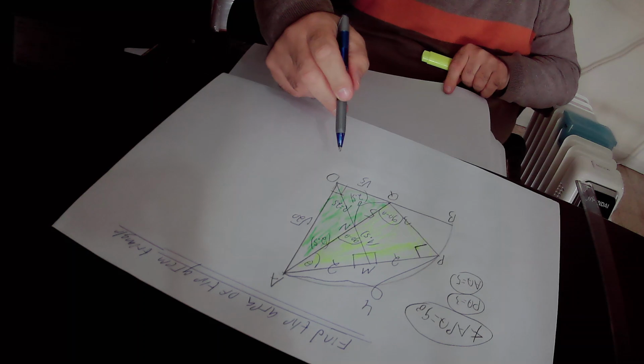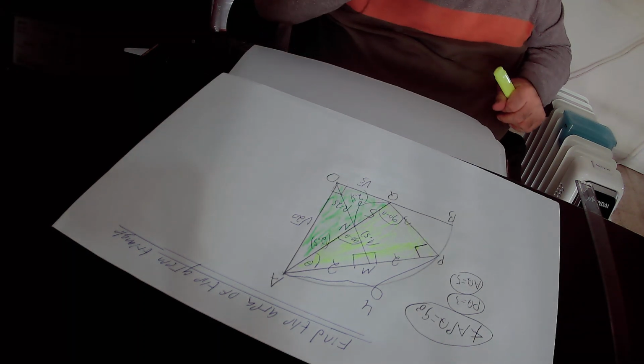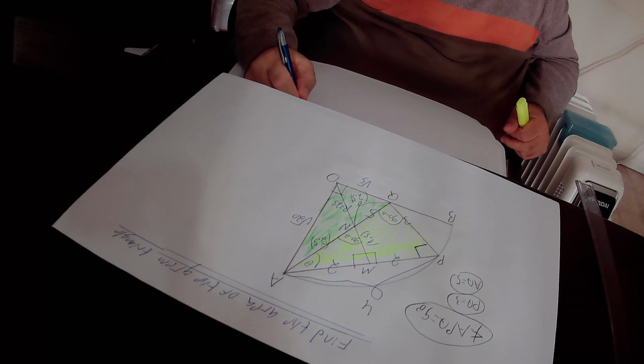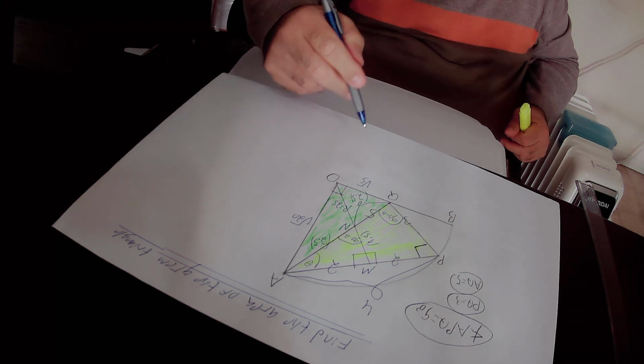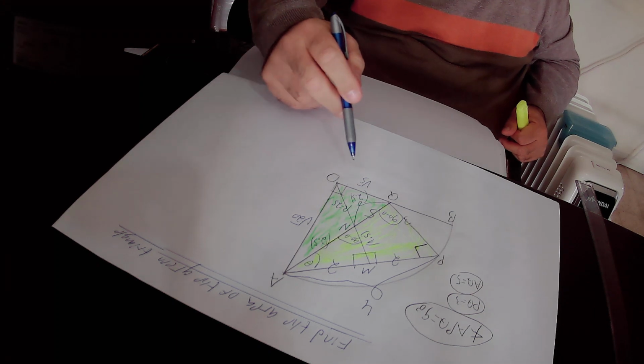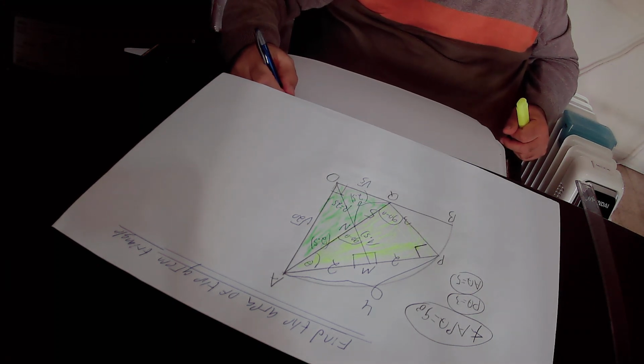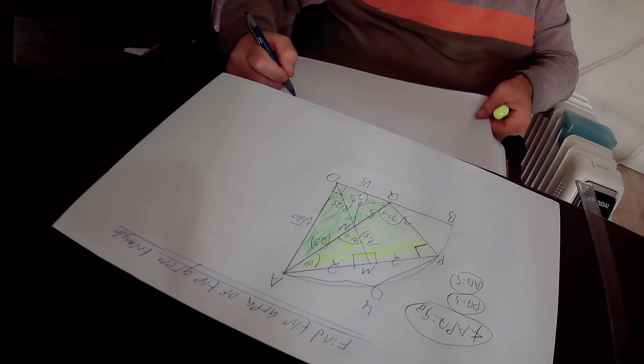The base of the green right triangle will be QO, and the height is AO. Why the height is AO? Because AO creates 90 degrees with the base QO. So the height is AO, over 2. Repeat again.